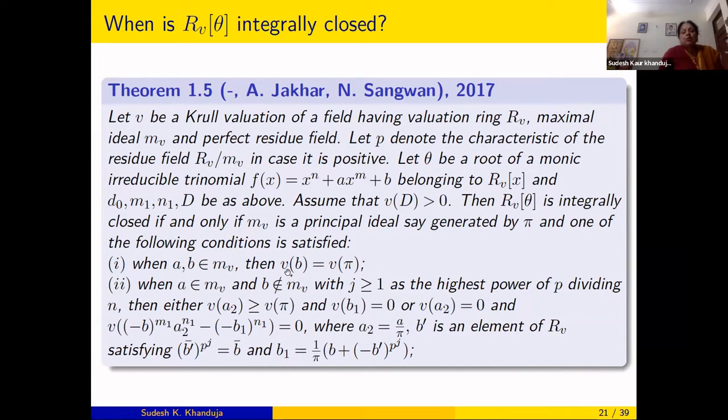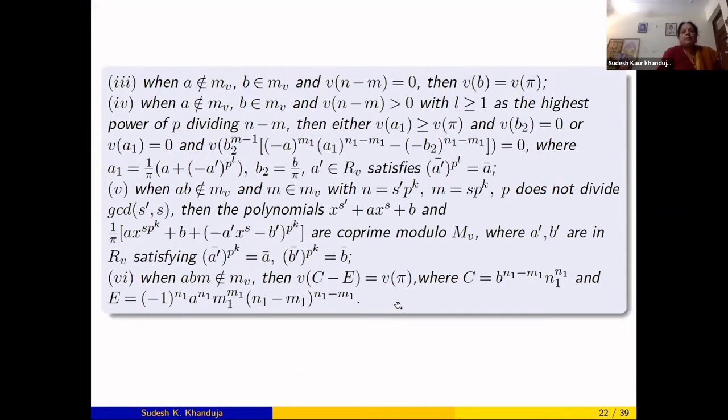So V(b) equal to V(pi), a parallel condition. When a belongs to MV and b does not belong to MV, meaning p divides a and p does not divide b, again we had a similar condition. And there it was p does not divide a and p divides b. Of course, the proof here is much more complicated, and dealing with integers is simpler.